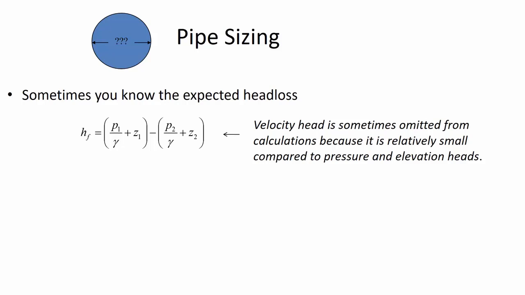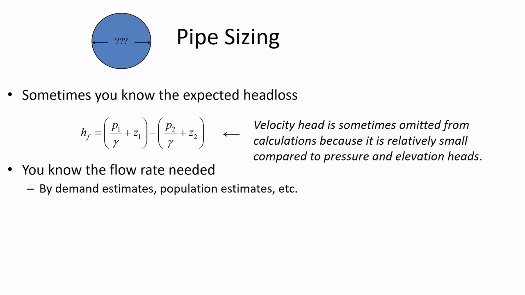Okay, so the equation shown on the screen here is just the energy equation rearranged to solve for h sub f, and we're leaving off the velocity heads, v1 squared divided by 2g and v2 squared divided by 2g. We've eliminated those just because there's very little energy in the velocity head.